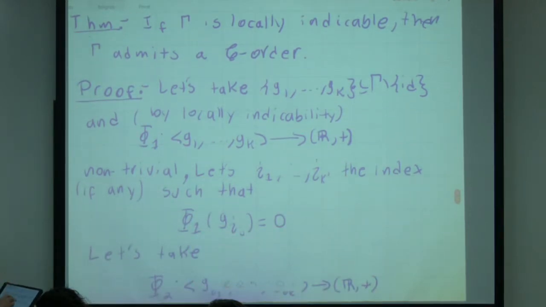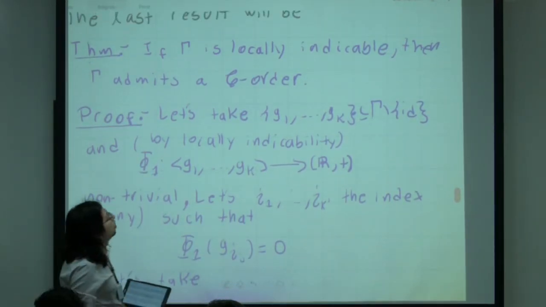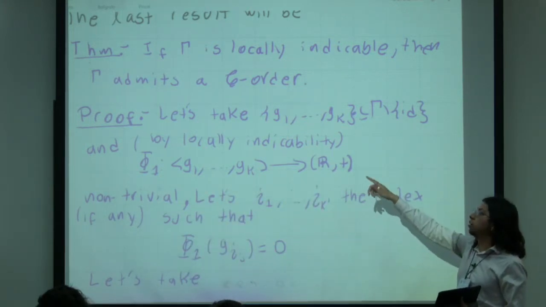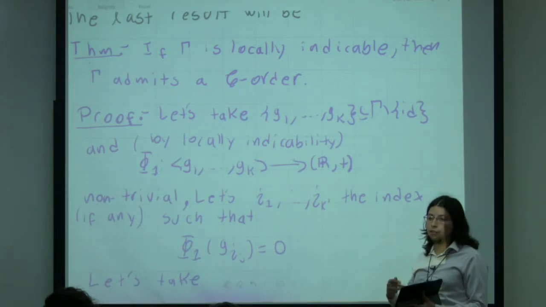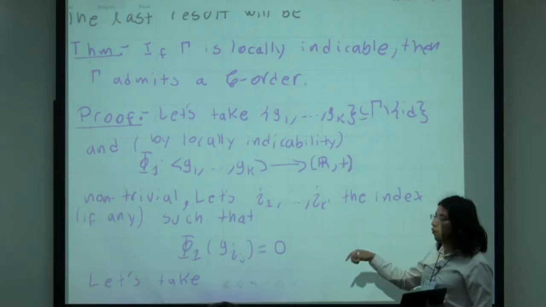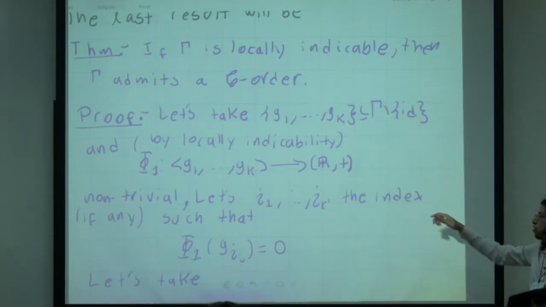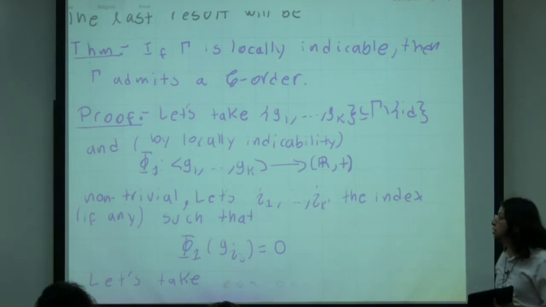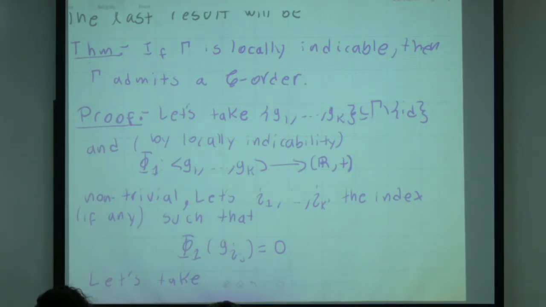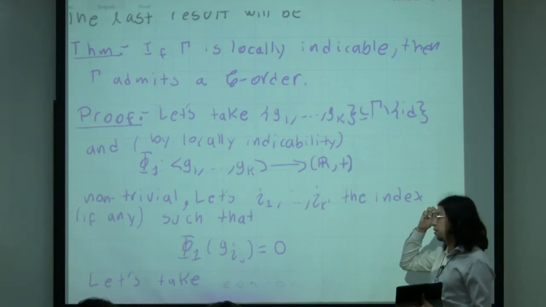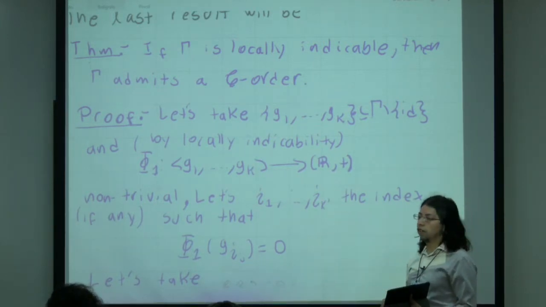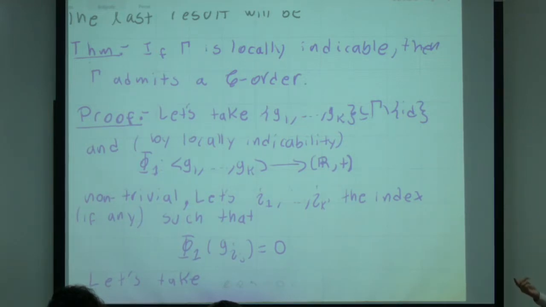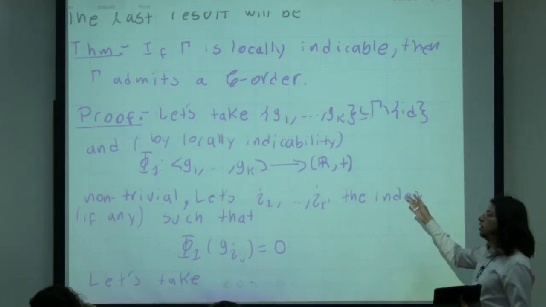So if we take a locally indicable group, then we can construct a Conrad order in gamma. So for that, we will prove that the weird condition about the suitable exponent for every finite subset can be constructed, right? Locally indicable, I remember, is for every finite subgroup, there exists some non-trivial homomorphism to R with the additive structure.